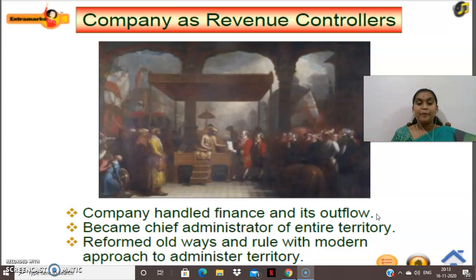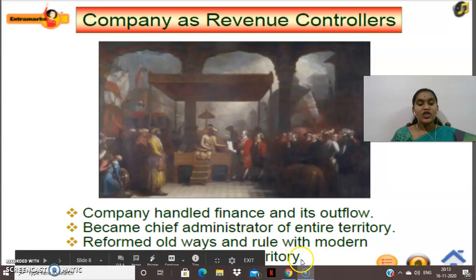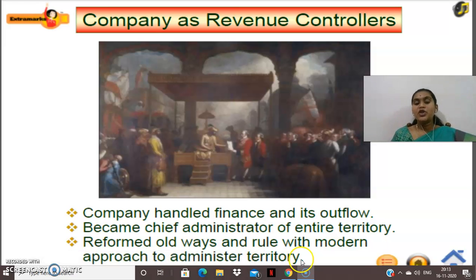So they became the East India Company officials, the chief administrator of the entire territory. So they used to control the entire territory. They reformed old ways and ruled with a modern approach to administer the territory.